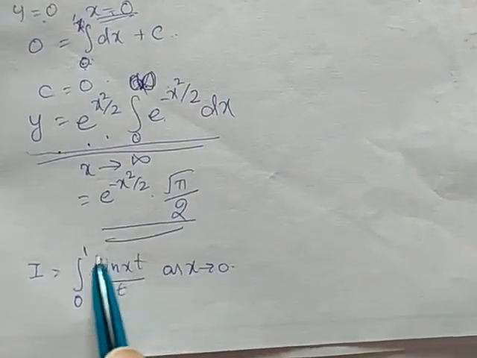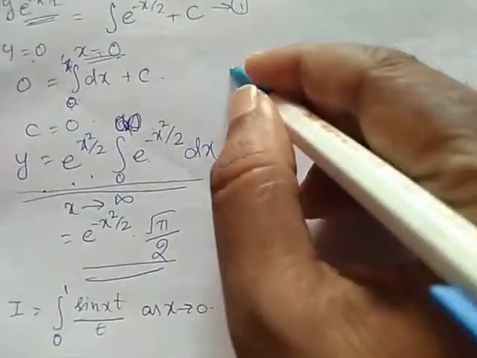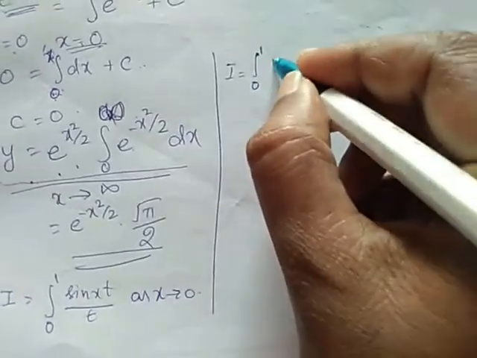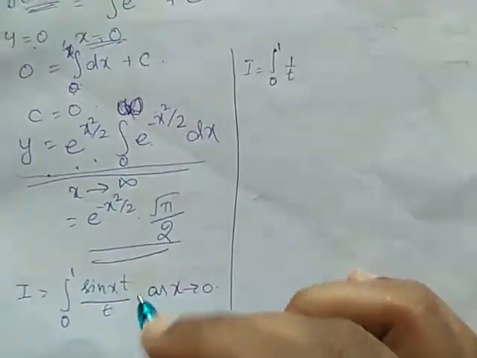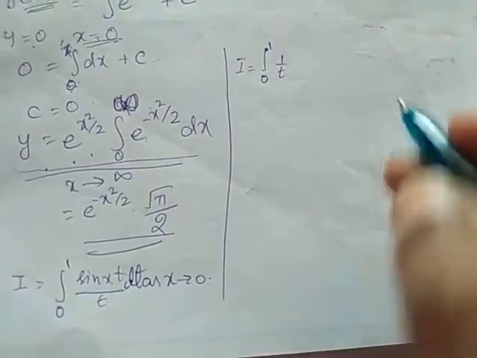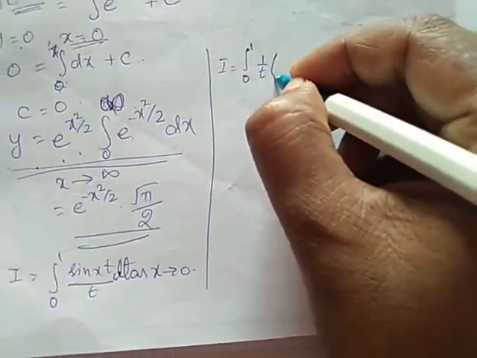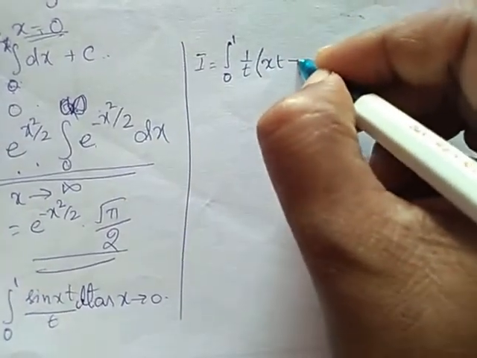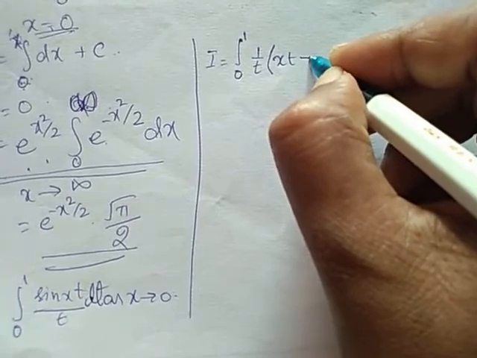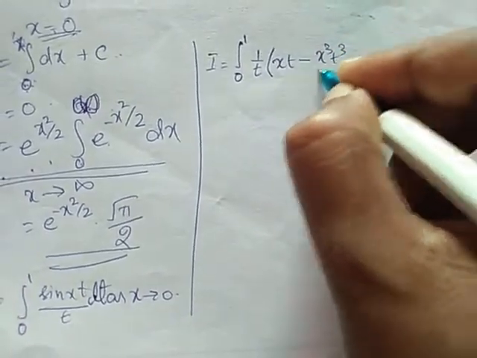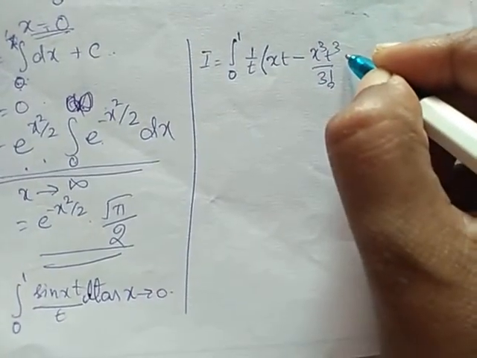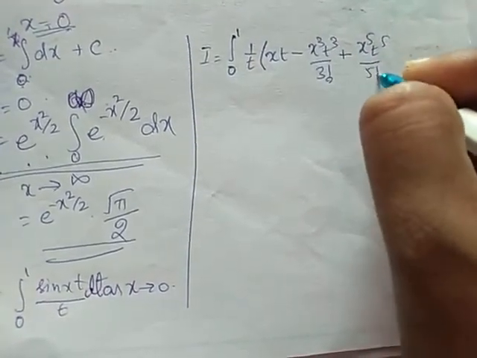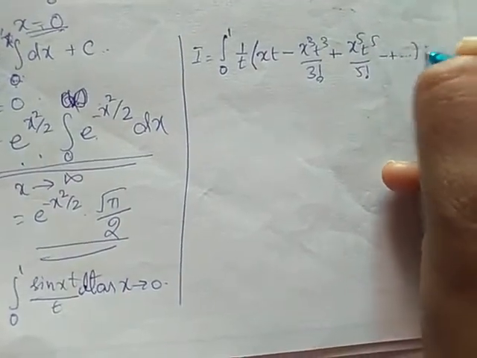So we know the Taylor series expansion of sin xt. So we can write I as the integral from 0 to 1 of 1 by t into the expansion of sin xt, which is xt minus x cube t cube by 3 factorial plus x power 5 t power 5 by 5 factorial, etc., dt.